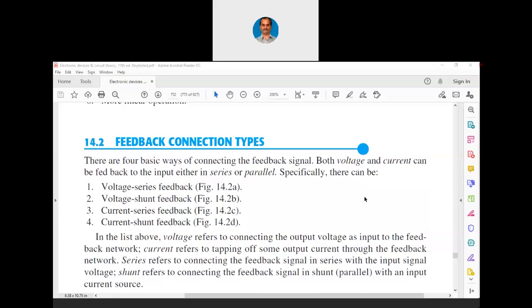So I thought we are having 2 beautiful textbooks. One is Malvino and one is Boylestad. Right now I am showing you the textbook written by Boylestad. It is one of the very useful textbooks for this particular course, and not only for this course, for all other understandings of the basics of electronics and communications.